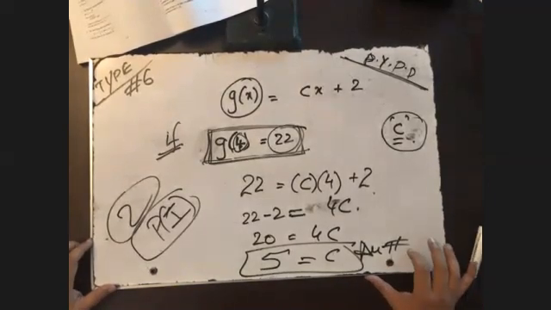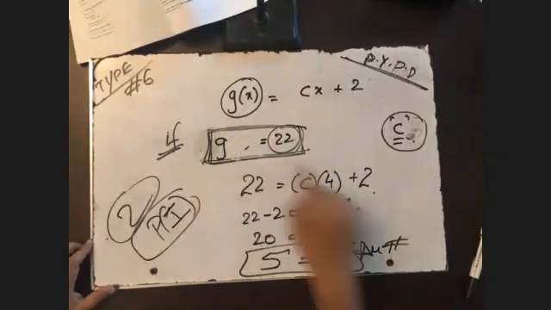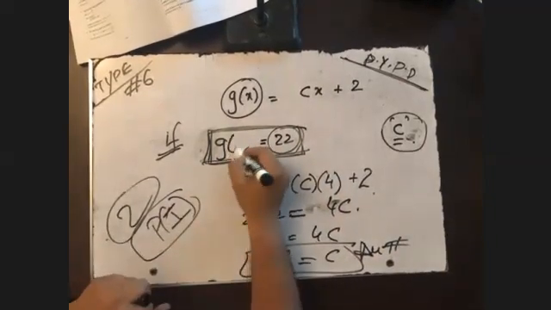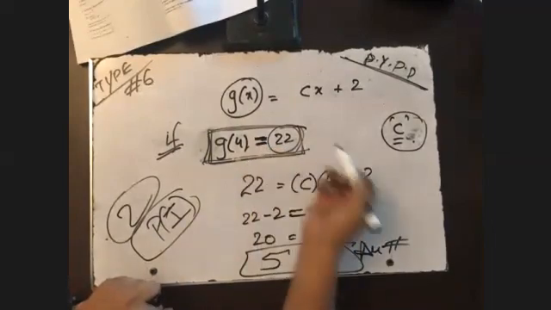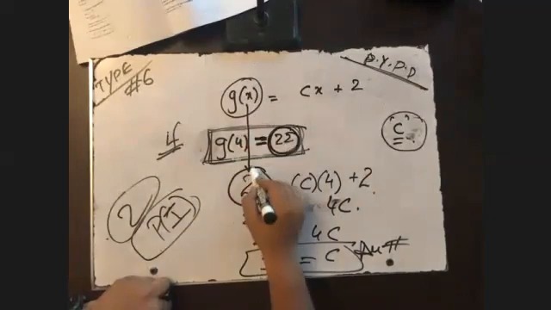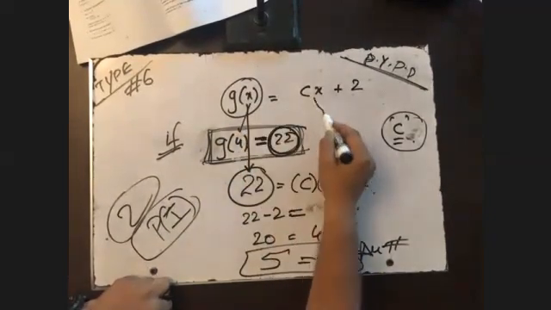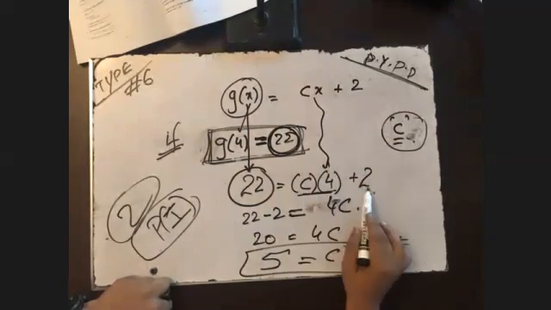Sir, I didn't understand the last step of the equation. Okay, beta, g(4) is equal to 22. That means the function takes the value of 22. Instead of g(x), we wrote 22. And x takes the value of 4, so instead of x, I plug in 4. I got 4c plus 2.